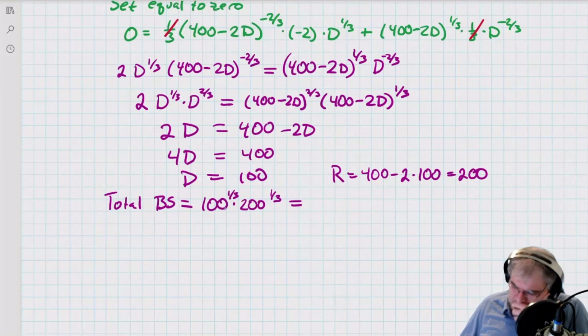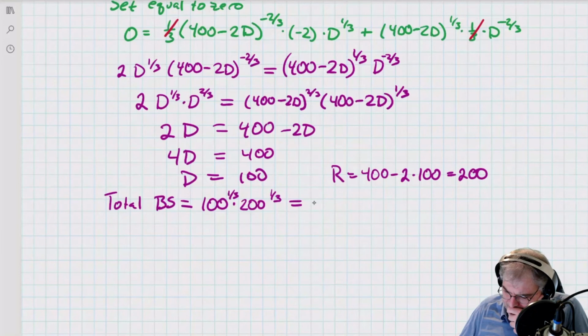I'm going to get 1, 2, 3, 4 zeros out of there. There's just nothing to do there. It's ugly numbers. I could pull 3 of the zeros out. So that's going to give me, no, there's just no pretty way to do this. You're going to wind up with an ugly number.